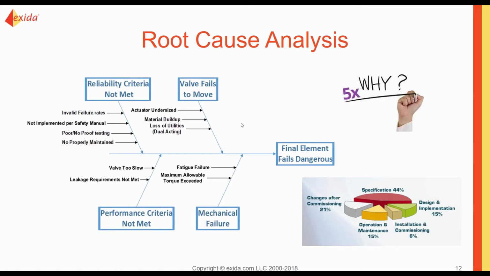Because, and that could lead you down a branch that, oh, the actuator was oversized, and in that case, if there's enough force to break the stem, it's probably oversized, or there was some defect in the stem, so it didn't have the strength. And you go through those 5 whys, and you go down to trying to get really what's driving this.